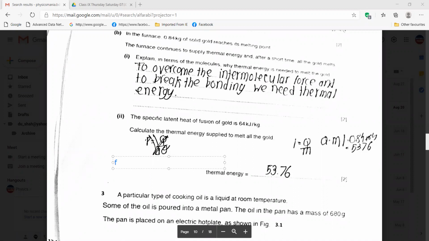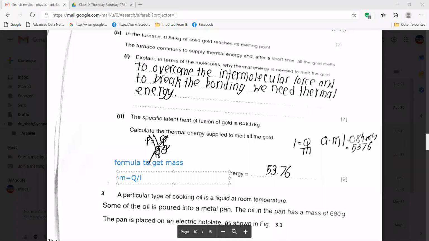Right here, in this place, you write the formula to get mass. Formula to get mass: m equals Q by L. Write it this way, Q by L.